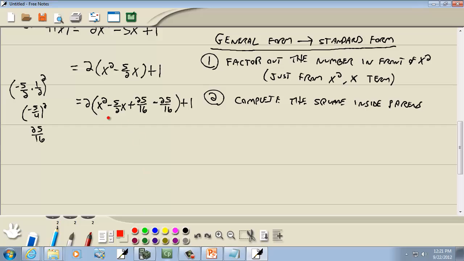Now, if you love math, then you should be really enjoying this part. We're going to group the first 3 terms together and group the last one by itself inside the parentheses. And we're going to take this 2, and multiply it times the first group, and multiply it times the second group.